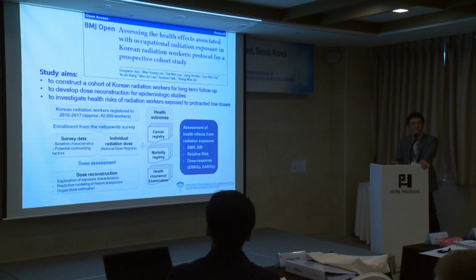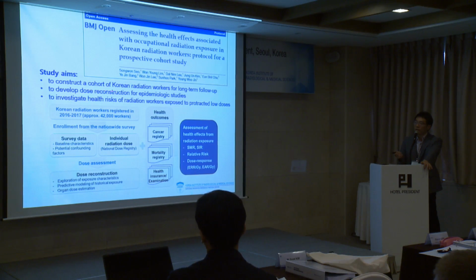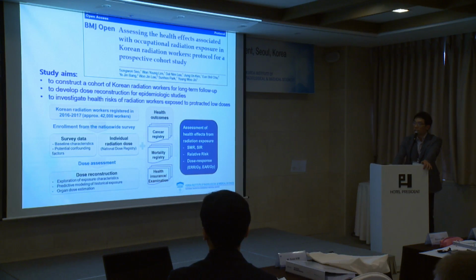So that's why we launched the Korean radiation worker study in a prospective manner. Last year, we constructed a Korean radiation worker cohort. The study aim is to construct a cohort of Korean radiation workers for long-term follow-up and dose reconstruction for epidemiological study, and also to investigate the health risk of radiation workers exposed to protracted low-dose radiation.